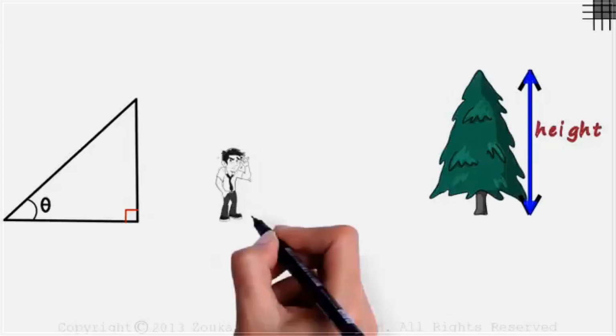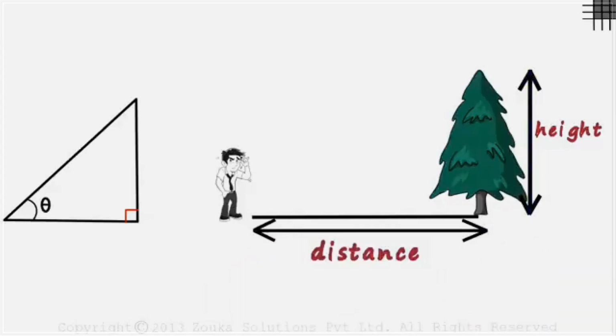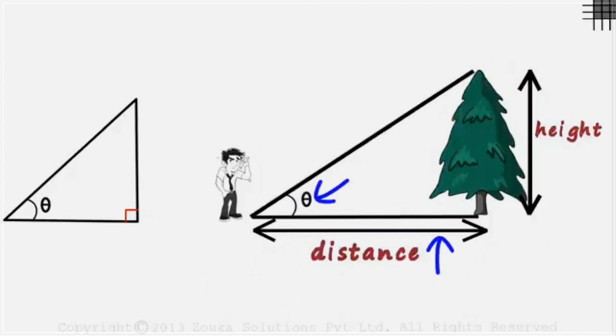Let's assume this distance is known to us. Remember, it's always easier to find the distance or the length on the ground than finding the distance vertically. And we can find the approximate measure of this angle, which is theta. With just these two pieces of information, Zen can find the height of this tree.